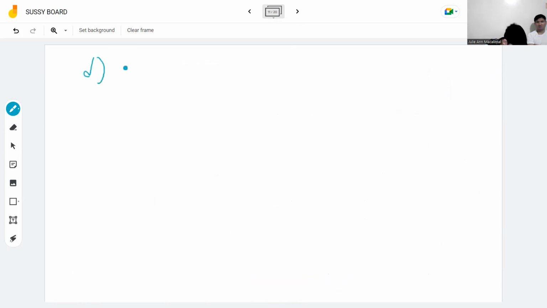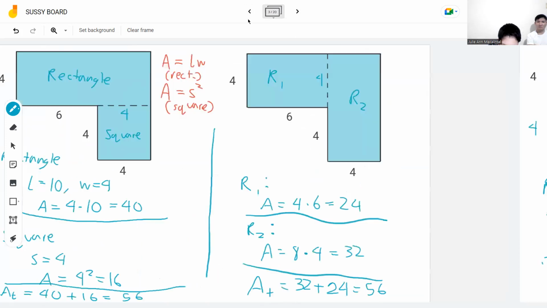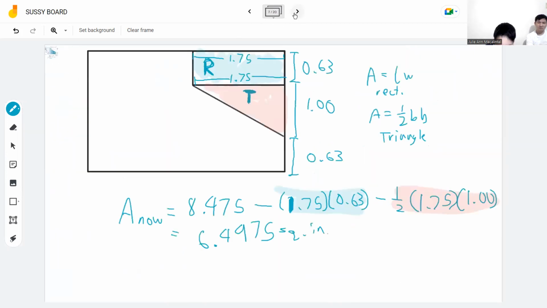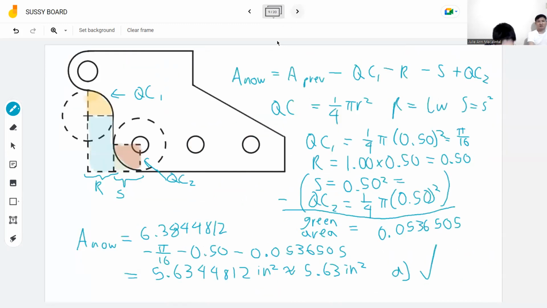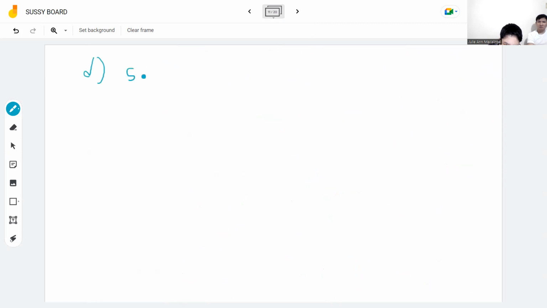So finally, the weight. What is the formula? 1.5 ounces per square inch. 5.6344812 inches squared times 1.5 ounces per square inch.